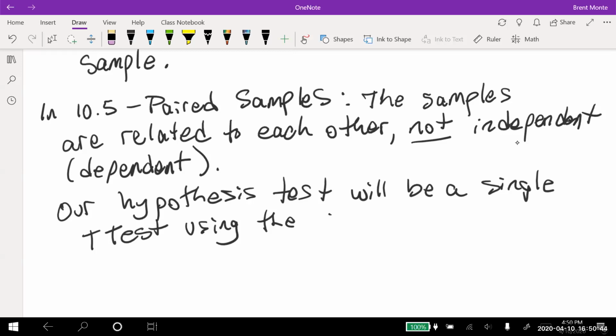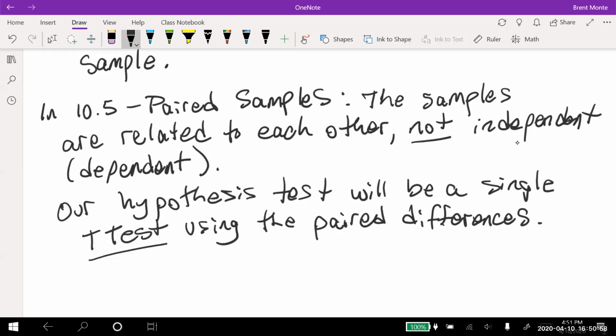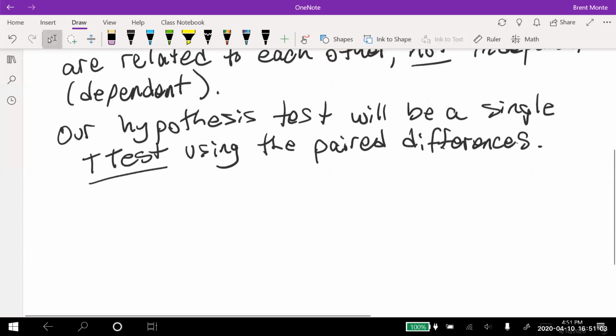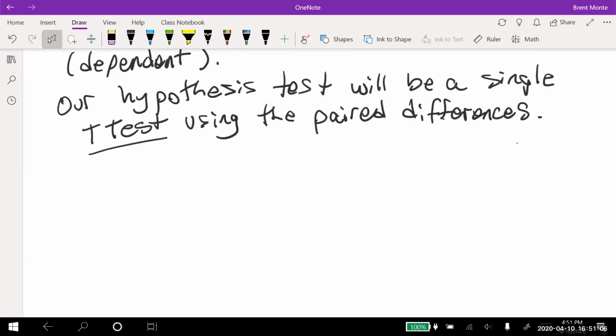And you'll see that as we do a couple problems. So it's just a t-test, not a two sample t-test as we were doing before. We will have two samples, but since they're related samples, we can't treat them as independent samples because they're not.